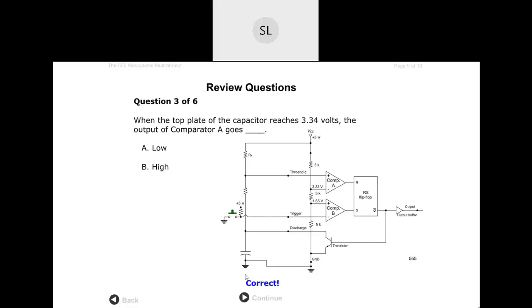High, because the voltage at the non-inverting terminal will be greater than that at the inverting input terminal of this comparator A. Therefore, the output of this comparator will be high, which will reset the flip-flop. Once it resets the flip-flop, Q bar will be 1. Q bar is 1 means the output of the timer will be low, and the transistor will be in the on state. So the capacitor will start discharging through this transistor. Therefore, the output will remain low.